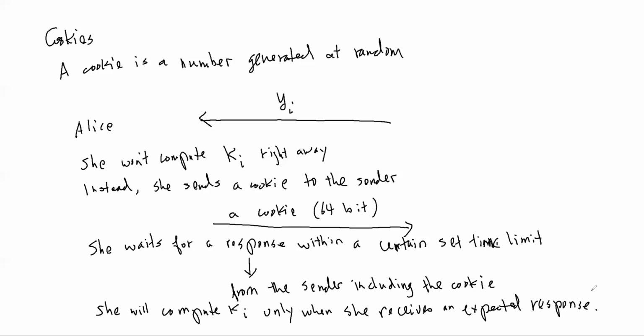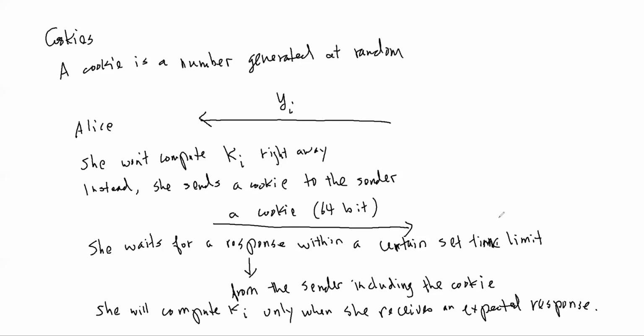Since the attacker doesn't want to be traced, the attacker will use crafted packets to request Yi, which means that this cookie gets sent to an unresponding IP. So Alice won't receive an expected response in a certain set time limit. Hence, she will not carry out this computation.